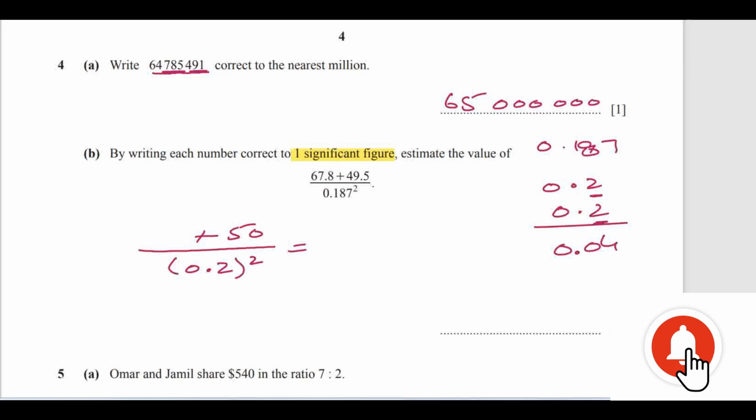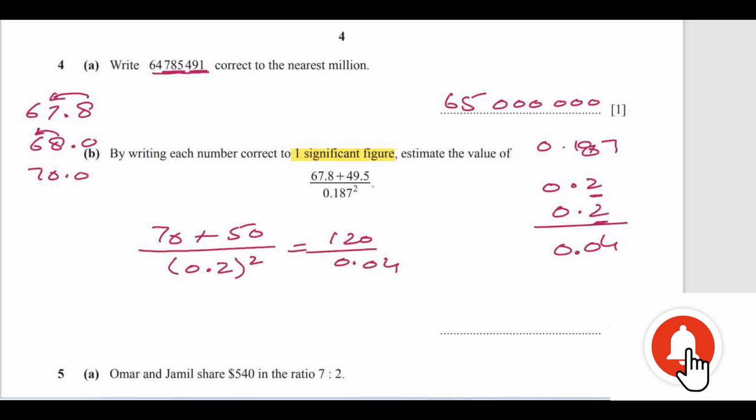The first number should be 70, because when we round off 67.8 to one significant figure, it first becomes 68.0, and then further to one significant figure it will be 70.0, so this should be 70. So 70 plus 50 will be equal to 120, divided by 0.04.